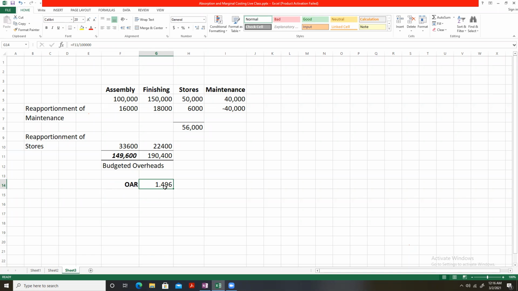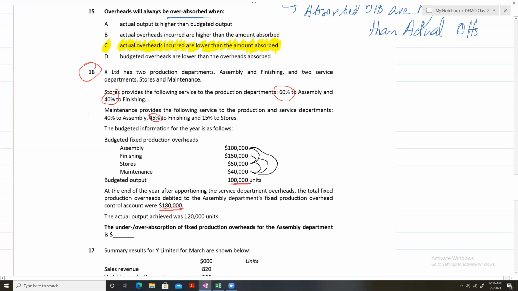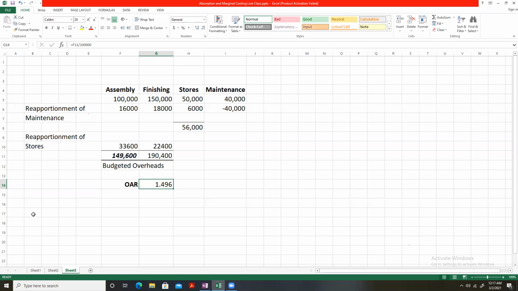On the basis of this absorption rate and the actual activity level, we absorb overheads. We will find the amount of overheads absorbed for the assembly department. The actual activity level is 120,000.